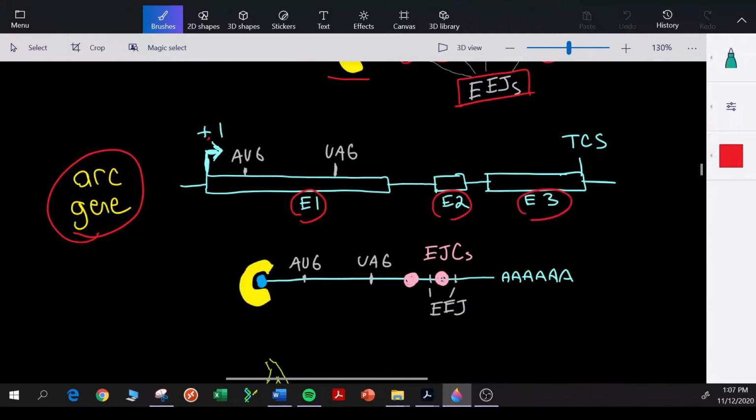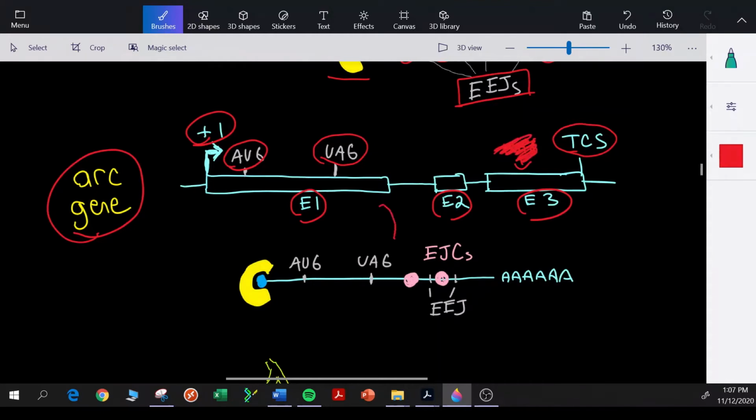We have the transcription start site here. We have the transcription cleavage site here. And we have the start codon in the first exon as normal, but we also have the normal stop codon in the first exon. So normally it's over here in the last exon, but not for this gene.